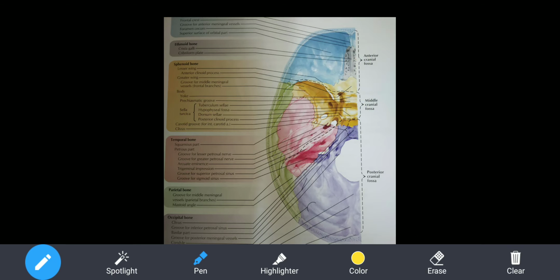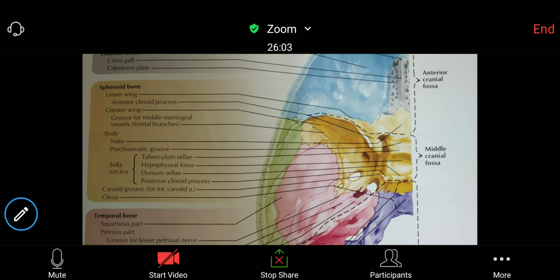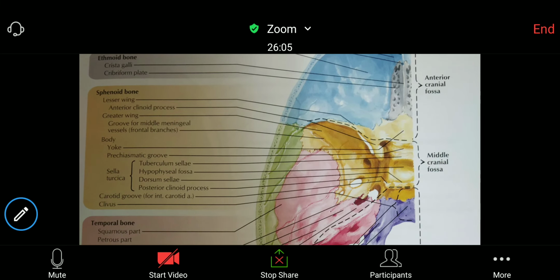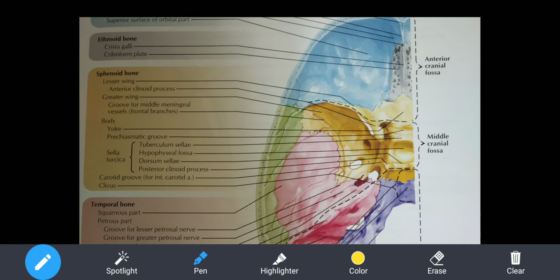And one more important thing I wanted to discuss. Just clear your concept. We will go step by step, from posterior to anterior. Pay attention. I told you this is the hypophyseal fossa.